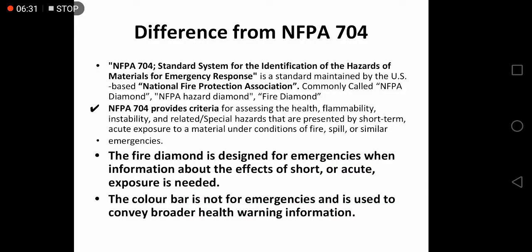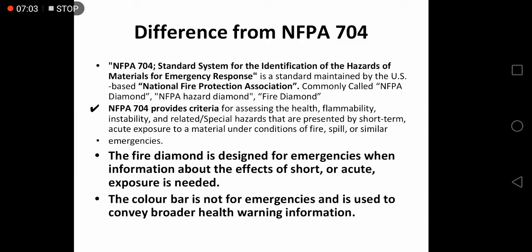So basically, this system is different from NFPA 704. As we have discussed earlier, NFPA 704 is a standard system for identification of hazards of materials for emergency response, maintained by the US based NFPA Association, commonly known as the NFPA Diamond, Hazard Diamond, or Fire Diamond.